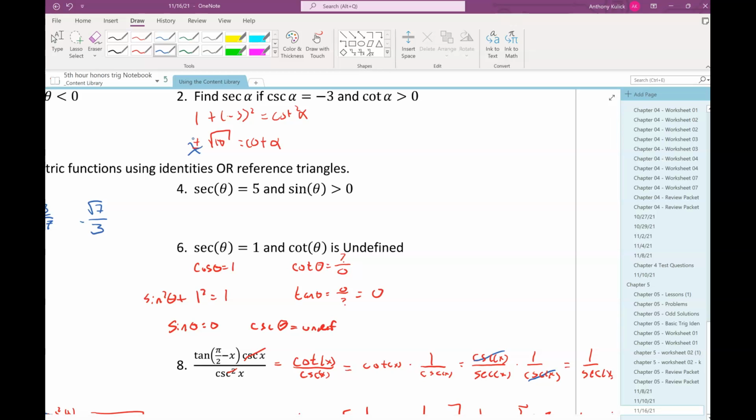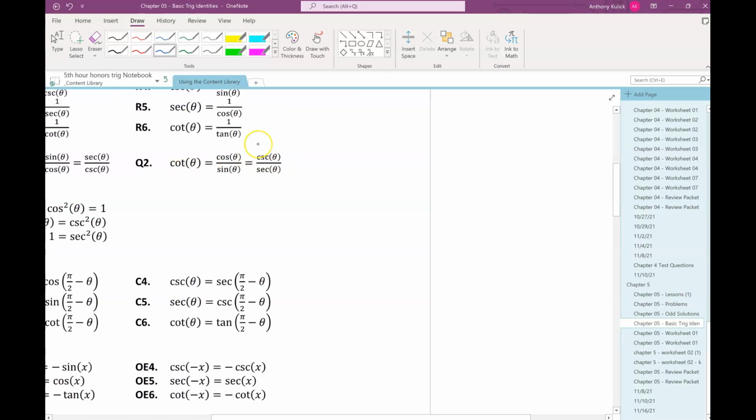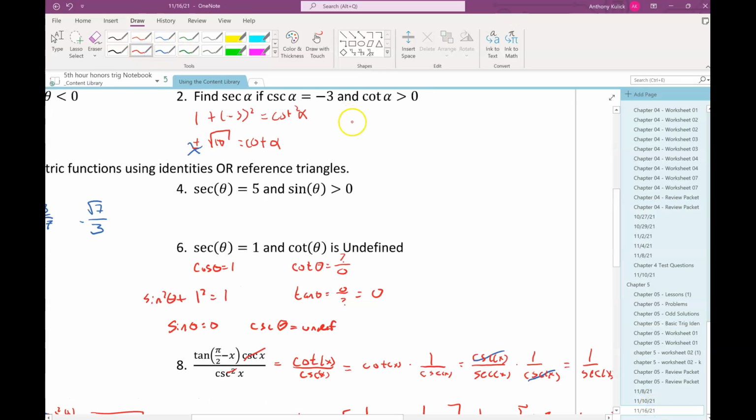Cool? Okay. If I look at my identities, I also know that cotangent is cosecant over secant. So if I multiply both sides by secant alpha, I have that cosecant alpha equals cotangent alpha times secant alpha. Oh, shoot, we're looking for secant, so I'll divide both sides by cotangent then.